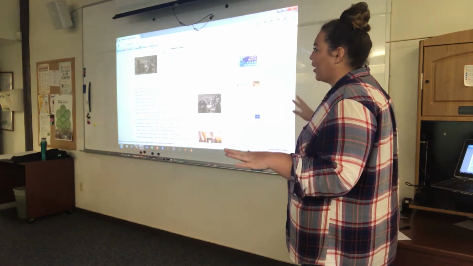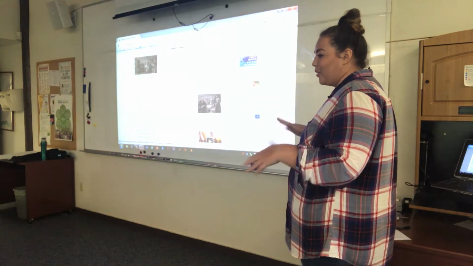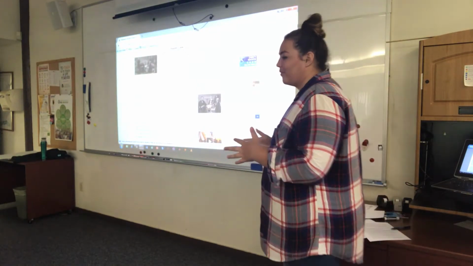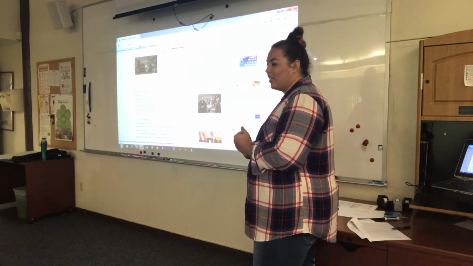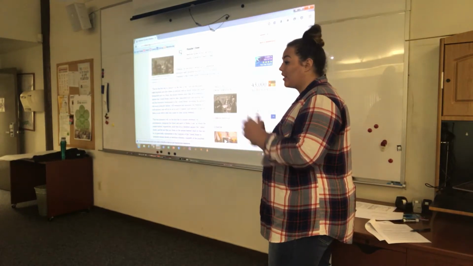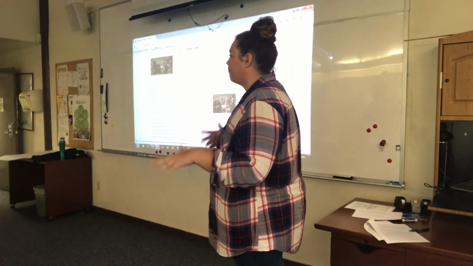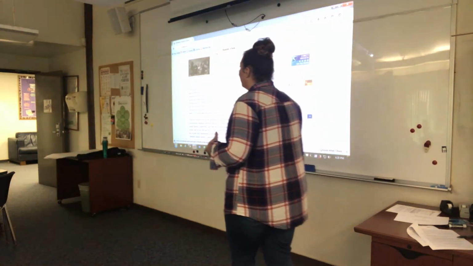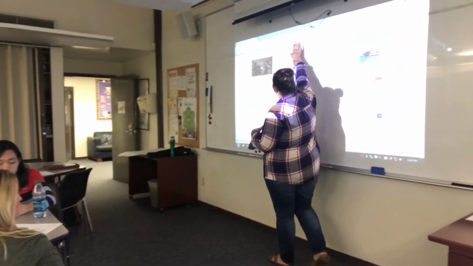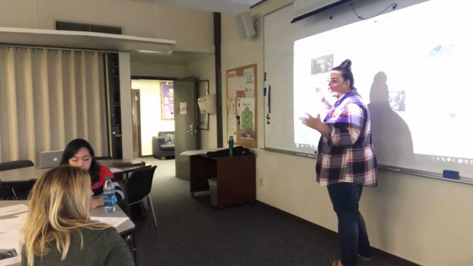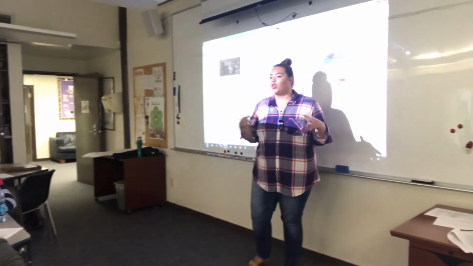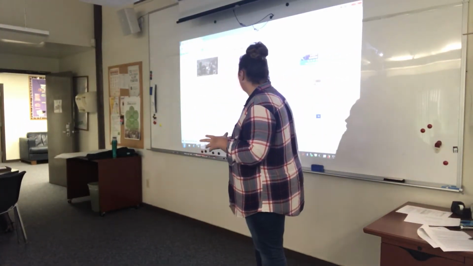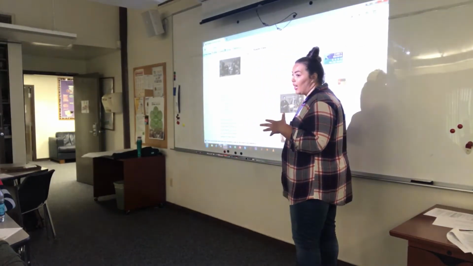And right before you choose which one you're going to pick, what do you do? Decide if you want a primary or a secondary? That's good. But the first thing we're going to do is check the website to make sure it's accurate and credible, so you don't waste your time. So then let's say you choose a site.